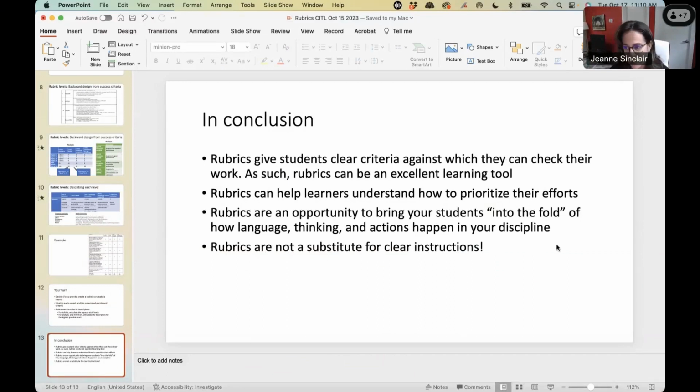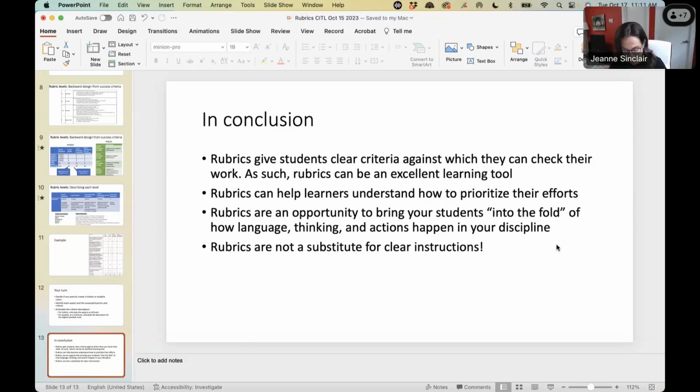I try to provide a rationale, the reason for doing the assignment, some background information, and lots of clear instructions, because sometimes this is the only thing I can be sure students are definitely reading.